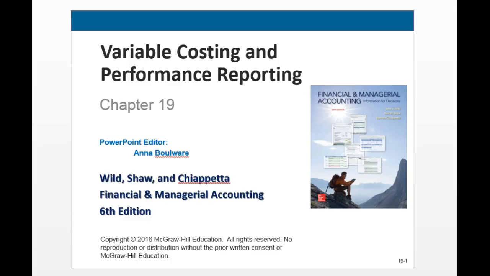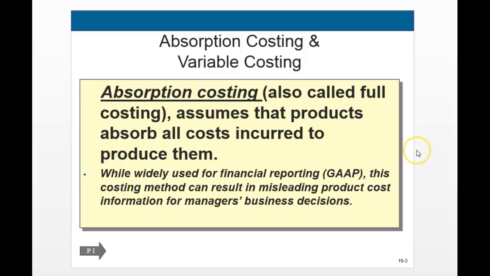Variable costing versus absorption costing, and we've been doing absorption costing. And that is where we look at all the costs incurred that are related to that product, and we add it to each unit as it's being manufactured.